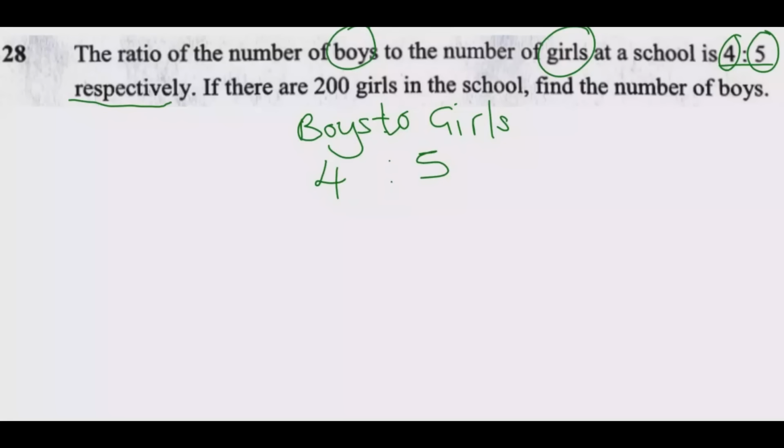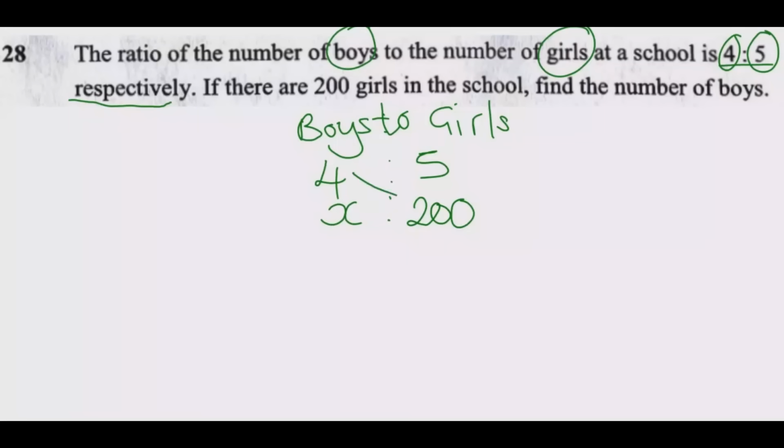Then, the ratio of girls, which is 5, translates to 200 girls in school. Now what is the ratio of boys? We don't know it, so we will denote it by x.